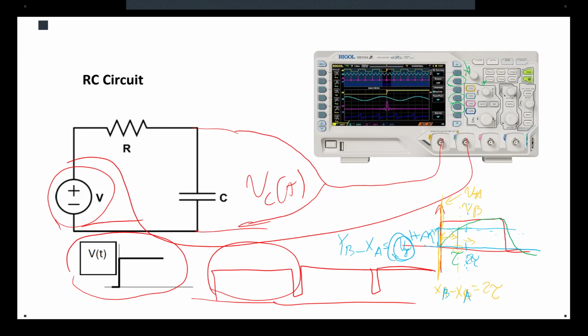After you reach the 2 tau, now you switch to the horizontal one and move the horizontal B to the place that it would intersect with the waveform and the vertical B at the same point. Then the value between the two horizontal ones is going to be the voltage at 2 tau. Are we good? So this is how you can use the cursors.